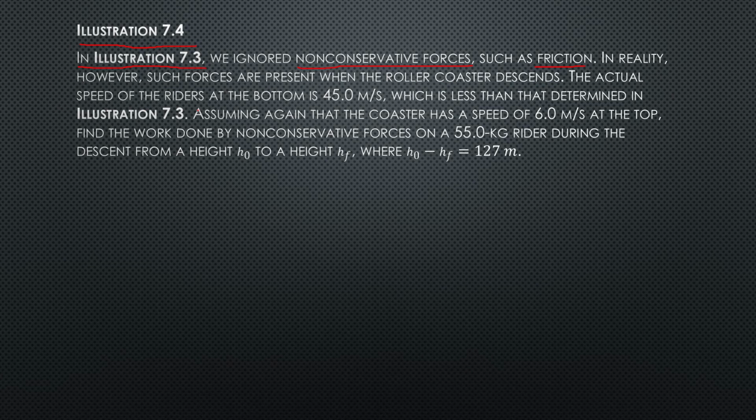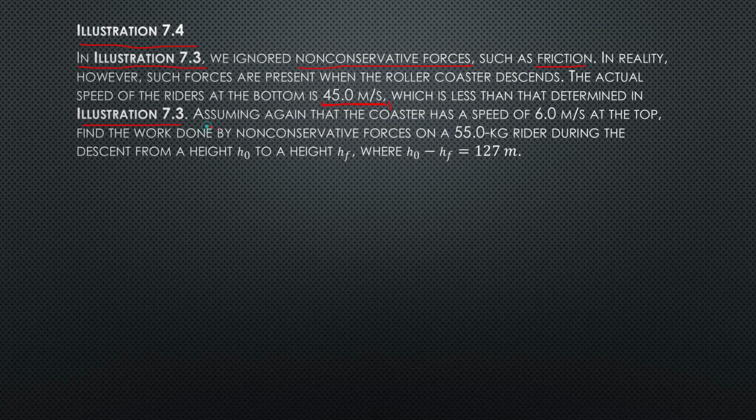So the actual speed of the riders at the bottom is 45 meters per second, which is less than the value determined in illustration 7.3, which we solved and is much greater than this value.